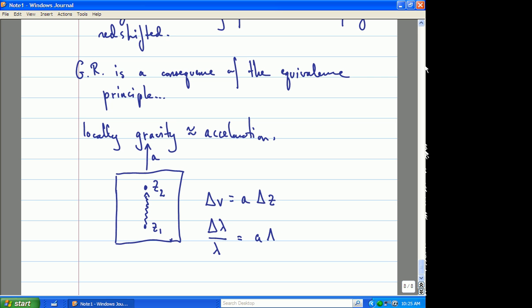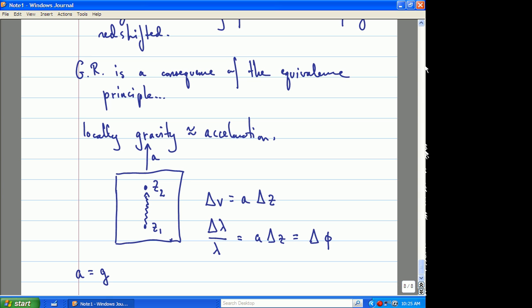And if a is equal to g, the gravitational acceleration, so remember the equivalence principle applies when you have a constant gravitational field, then this is g times delta z, otherwise known as the difference in the gravitational potential between those two points.